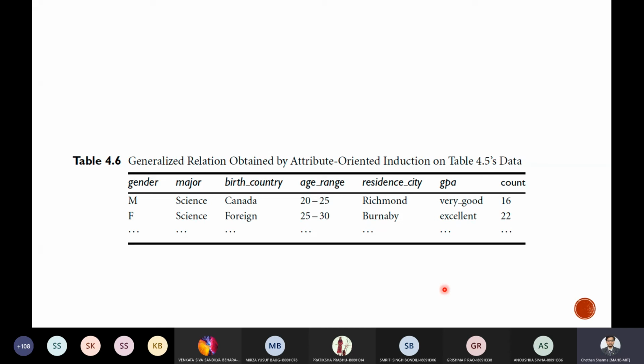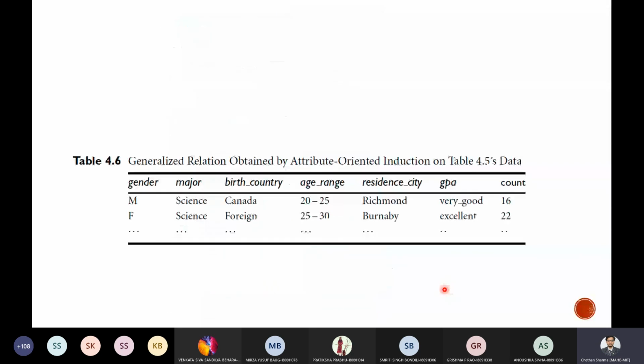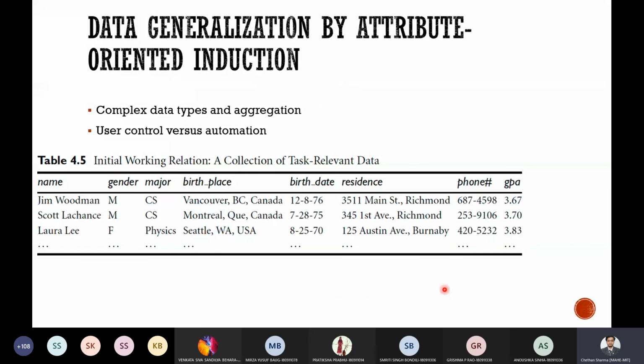Okay. So as you can see, this would be a generalized relation after applying this particular algorithm on this particular table.